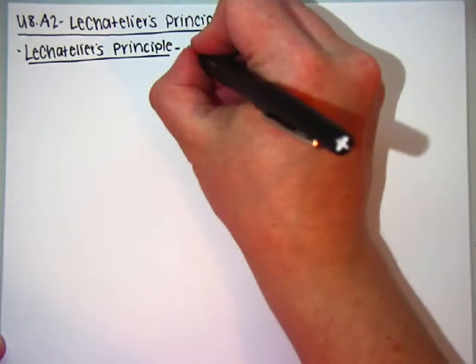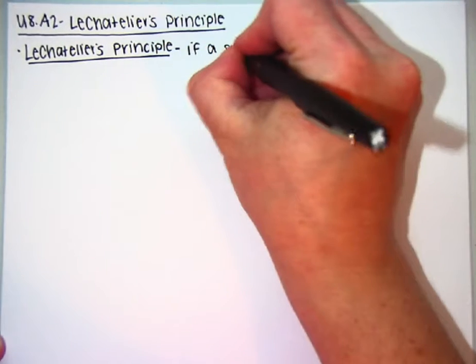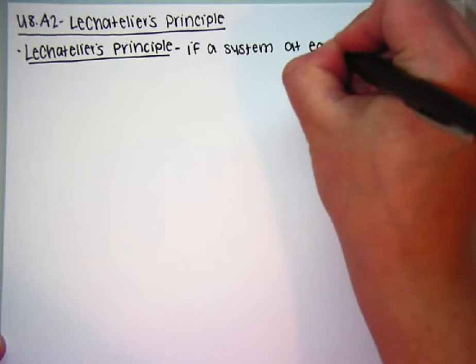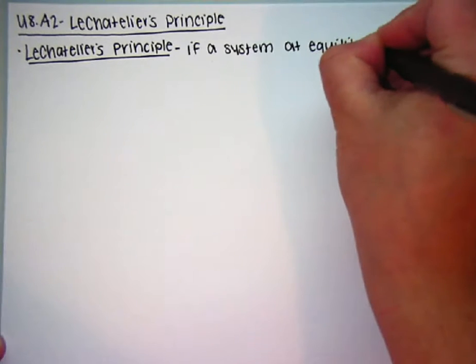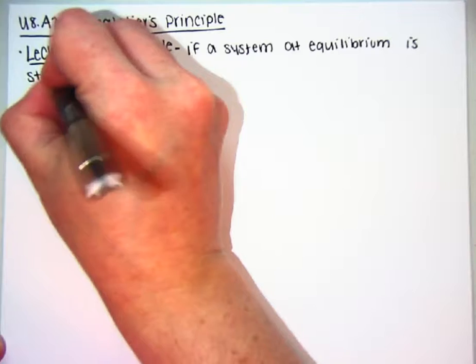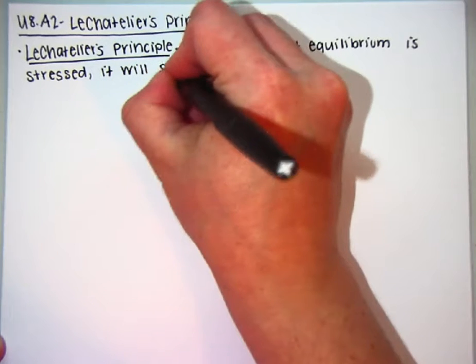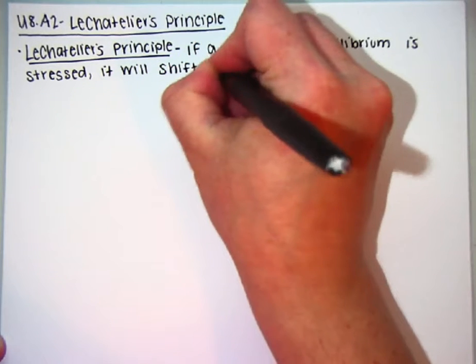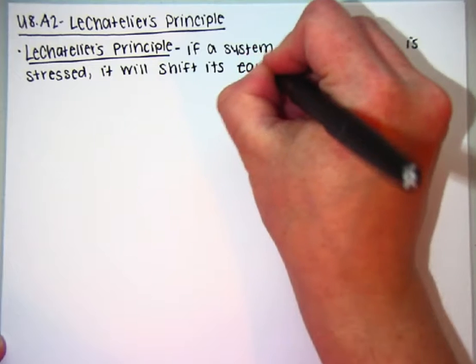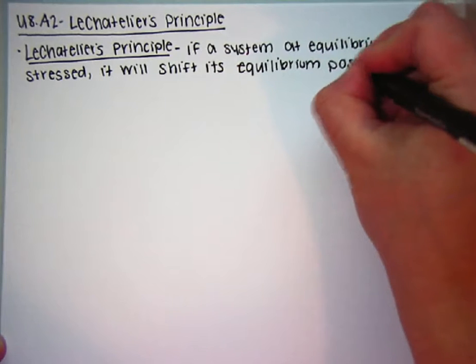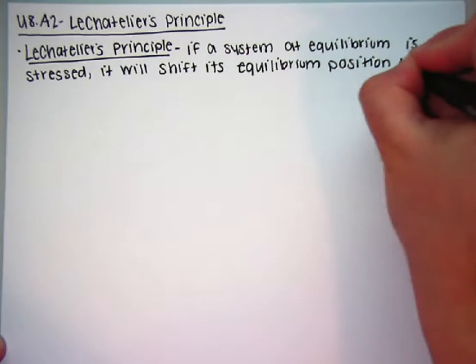LeChatelier's principle says, if a system at equilibrium is stressed, it will shift its equilibrium to reduce the stress.